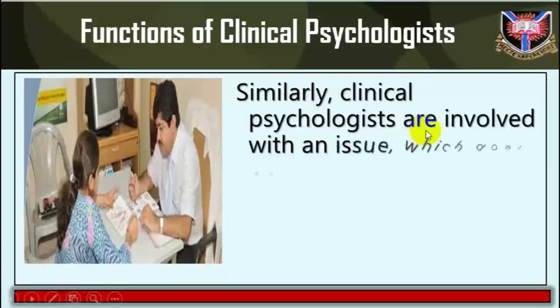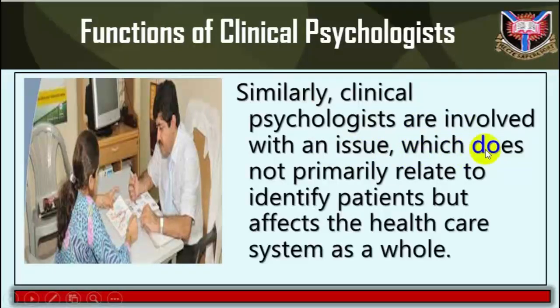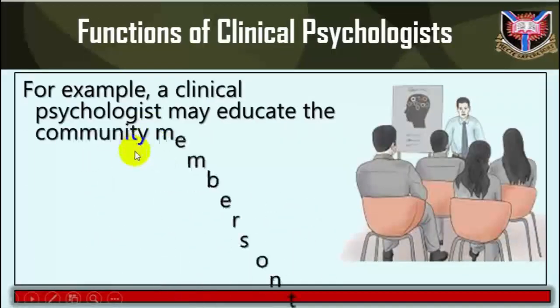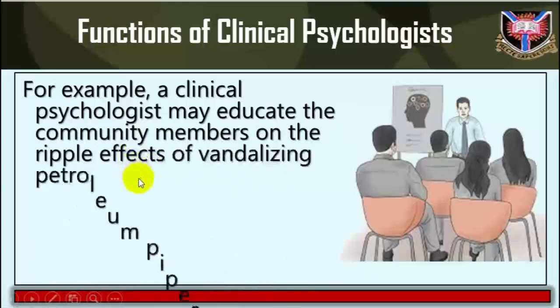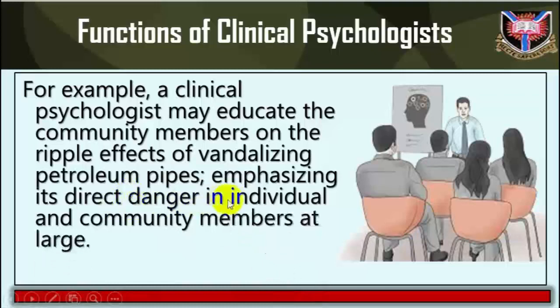Summarily, clinical psychologists are involved with issues which do not primarily relate to identified patients but affect the healthcare system as a whole. For example, a clinical psychologist may educate the community members on the ripple effects of vandalizing petroleum pipes, emphasizing its direct danger to individuals and community members at large.